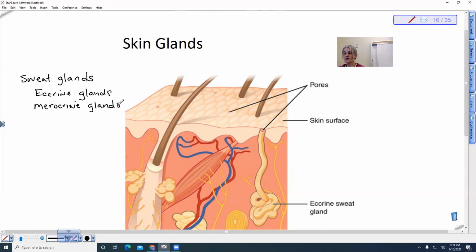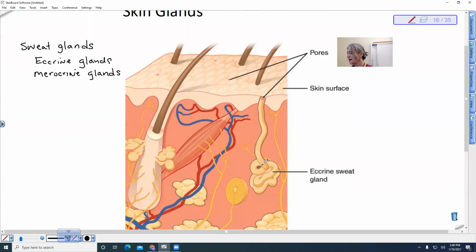So you might remember that cells are capable of secretion. And so this type of gland, the merocrine glands, actually produce secretions that are just simply moved into a duct, and then they come out to the surface of the skin. So this is my eccrine gland right here.